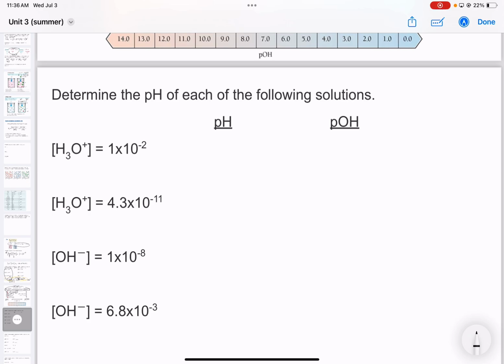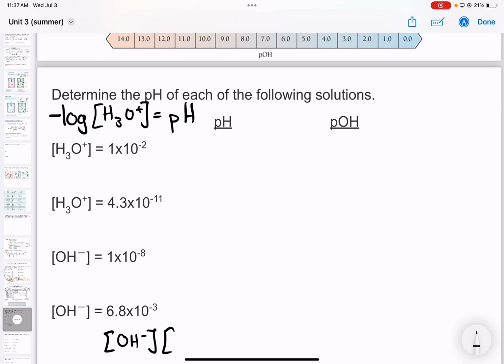Is pH the one with the log? Yeah. So the equation you're using is negative log of the H3O plus gives you the pH. And for the bottom ones, you're gonna have to also use the fact that OH minus times H3O plus is equal to 1 times 10 to the negative 14th.